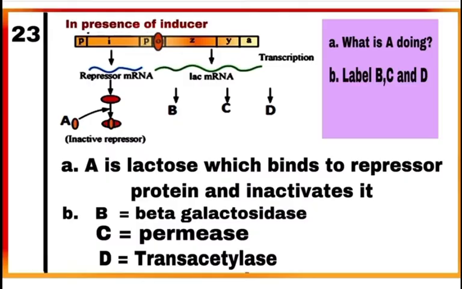Next, label B, C and D. B is beta-galactosidase enzyme, C permease enzyme and D trans-acetylase enzyme, and genes responsible for their formation are Z, Y and A respectively.